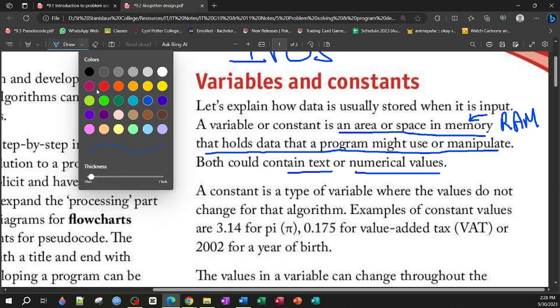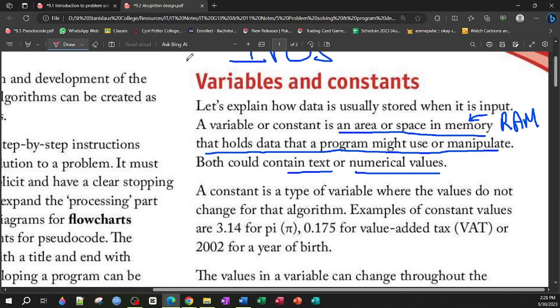Now, what is the difference between a variable and a constant? What does the word constant mean?